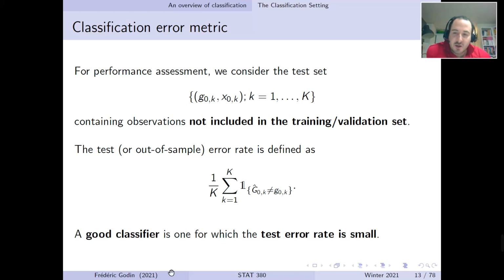And of course, a good classifier is one that provides a small error rate in the test set. So you'd like in practice to minimize the classification error in the test set, which is a set of observations unseen during the training. So you want to know if your classification rule is able to generalize well to new observations.